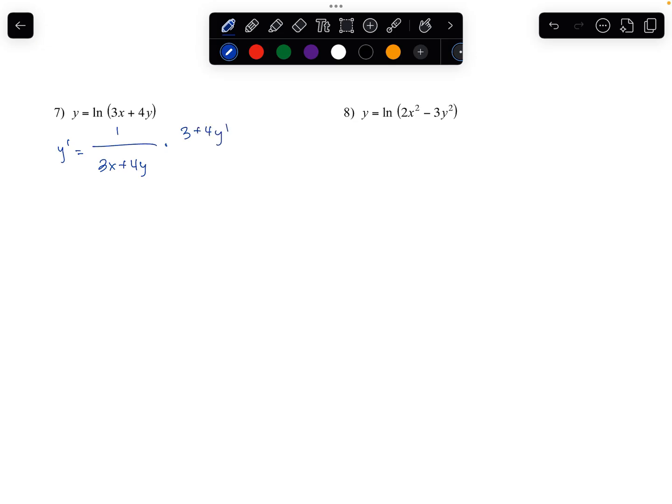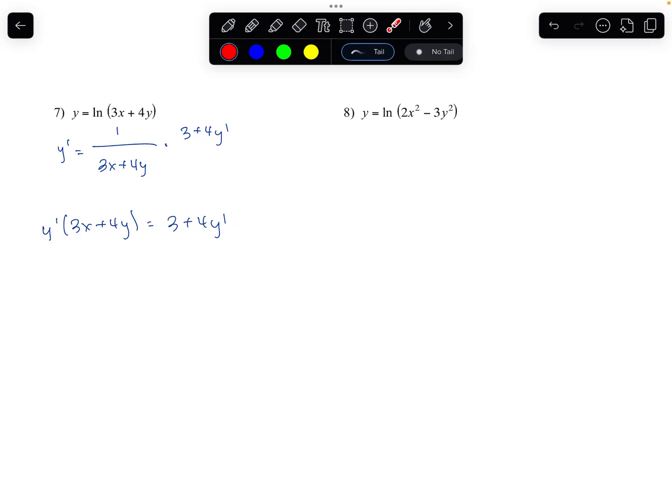Okay, now this is just in the numerator right here if you think about it. I'm going to multiply this over here. So we'll have y prime (3x plus 4y) equal to 3 plus 4y prime.